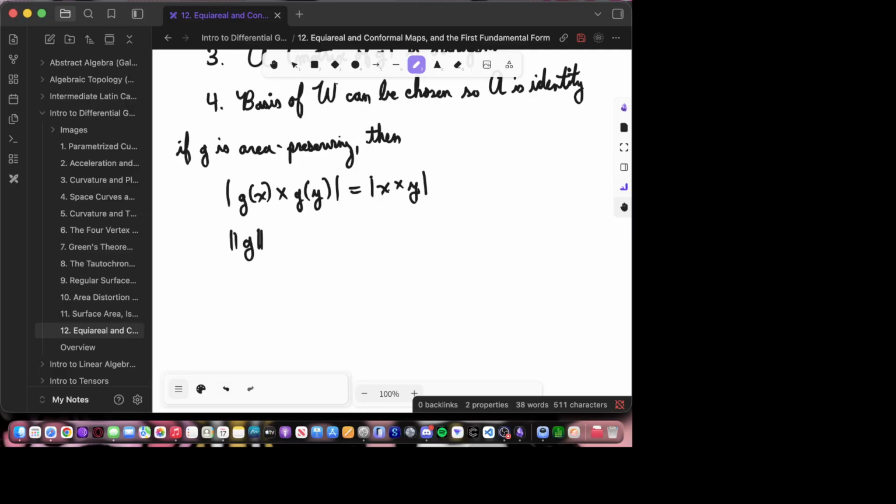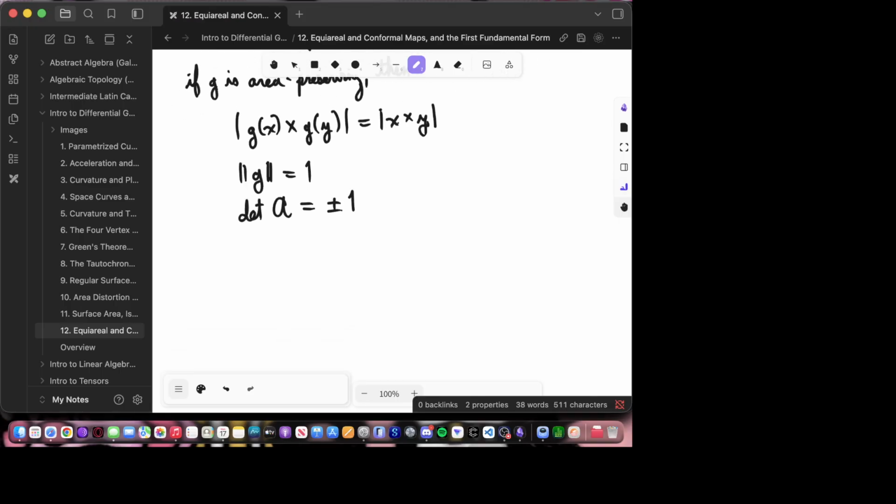Furthermore, the area distortion of G is equal to 1. The determinant of the matrix A is going to be equal to either plus or minus 1.